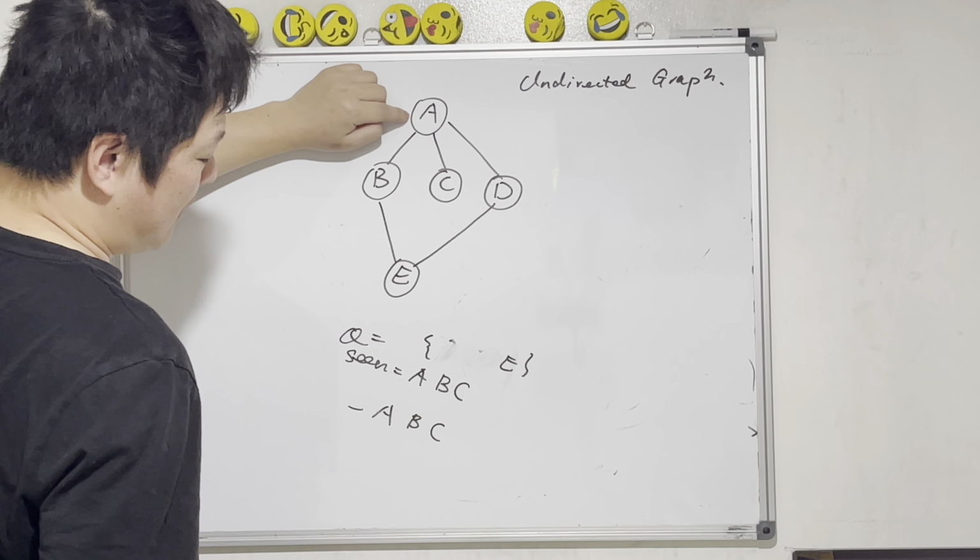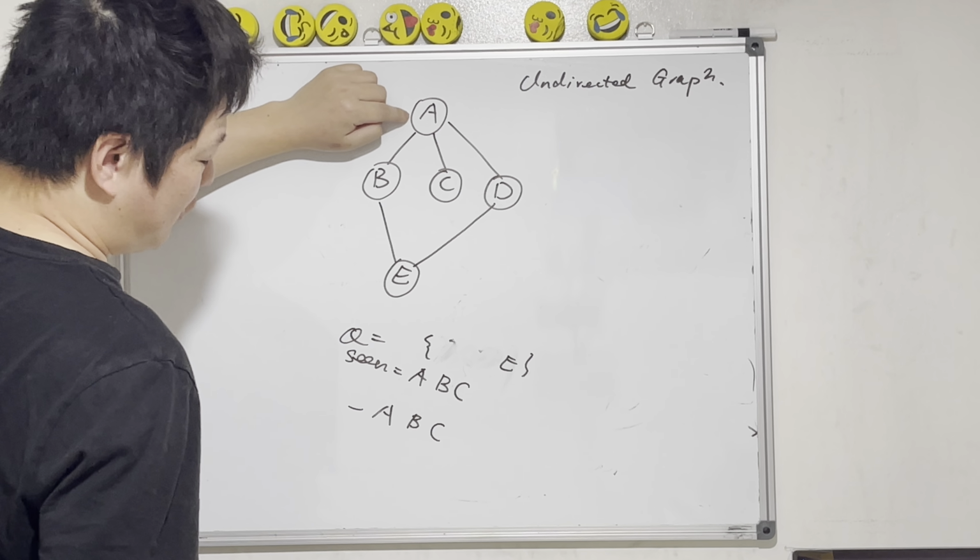What are D's children? E and A, which are already visited, so we don't put them. Then we put D in the output and take E out. So the order is A, B, C, D, E.